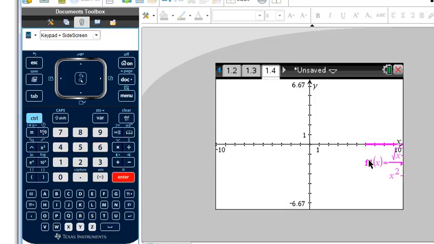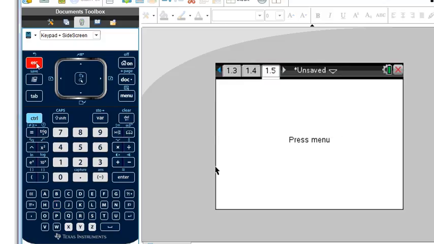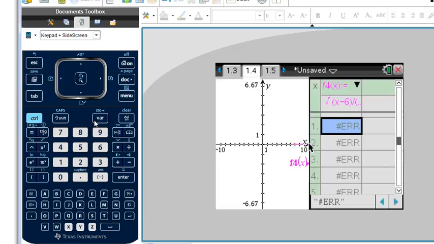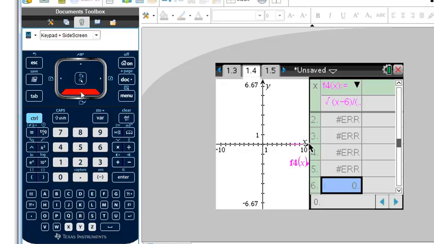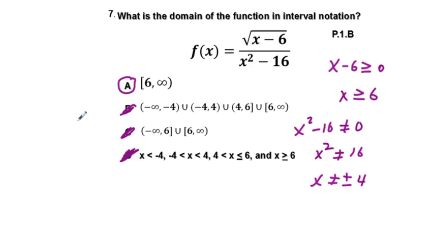We really can't see it. We can see right here at 6. We don't see anything less than 6. You can see maybe just starting at 6, this lavender line. And then if we go to the table view, Control T, here we go. All right, see error, up until x equals 6. Okay, that should have been an easy problem.